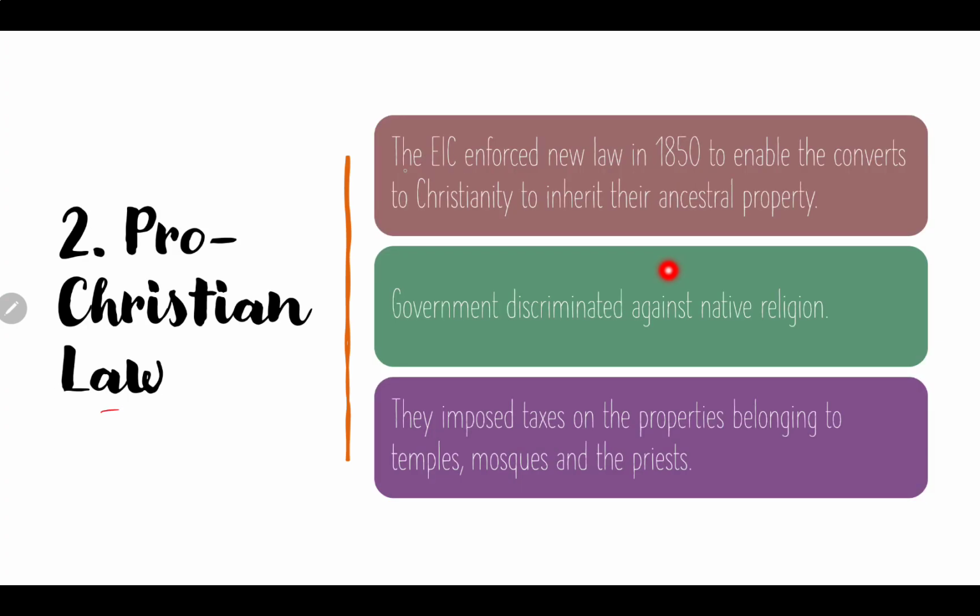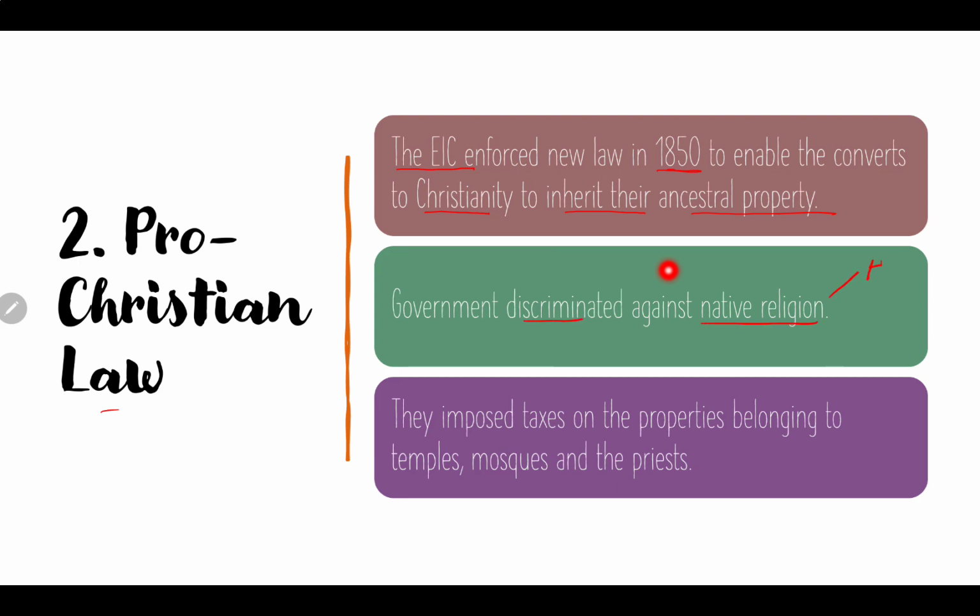Pro-Christian law. The East India Company enforced a new law in 1850 to enable the converts to Christianity to inherit their ancestral property. Those who were converted to Christianity could inherit their ancestral property. Government discriminated against native religion.